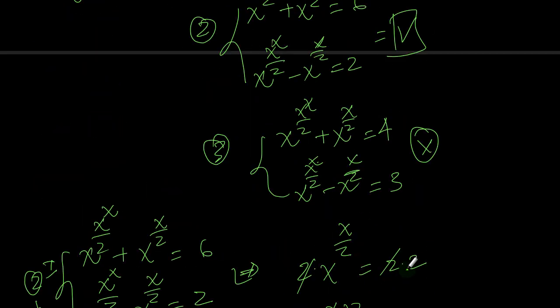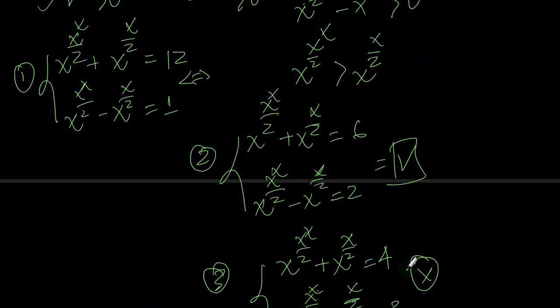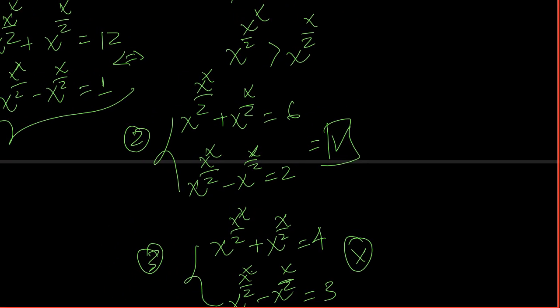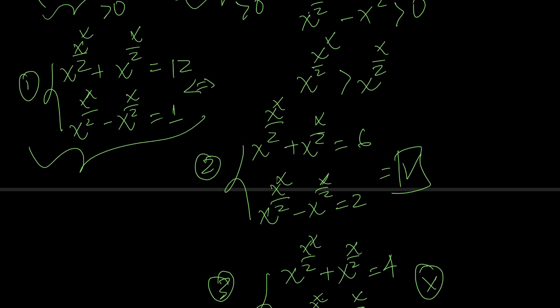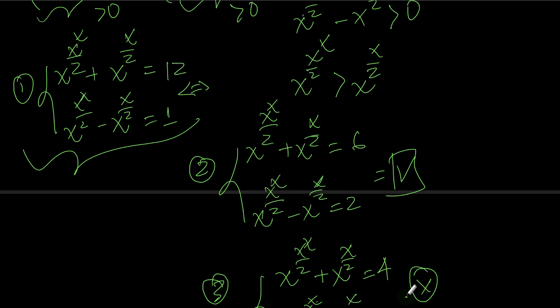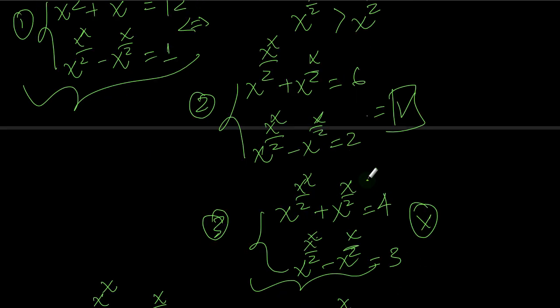But what if we solve for the first equation, for this one here, and for this one here, guys? What are we actually going to have if we solve for these two equations? I don't want to make the video longer, so if you want me to solve these ones here, I can.